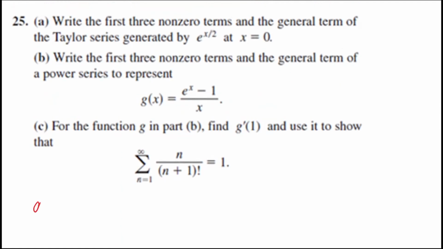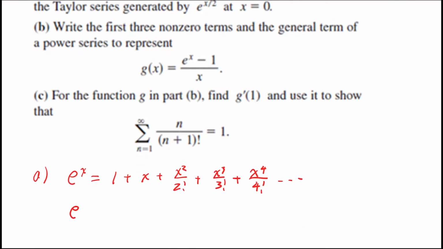E to the x is this: 1 plus x squared over 2 factorial plus x cubed over 3 factorial plus, let's just write one more term, dot, dot, dot. Good. Okay, so now e to the, of course, x over 2 is replace every single x with x over 2 then.